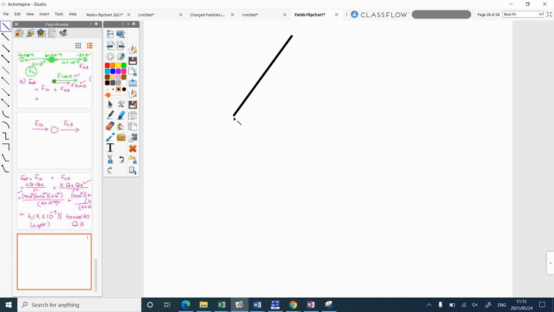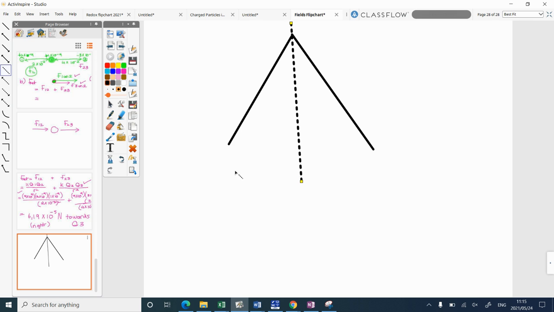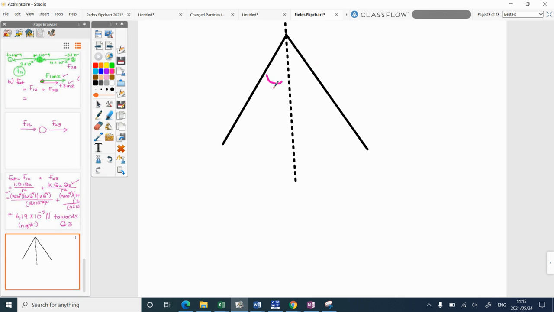So we have the one going that way, and the other one going that way, and they're telling us the angle. If you draw the vertical line between them, we know that this angle here is 20 degrees, and this angle here is also 20 degrees. This one has a charge of Q, this one has a charge of Q, and they tell us it's 5 grams each. They want to know the charge on Q as our final question.